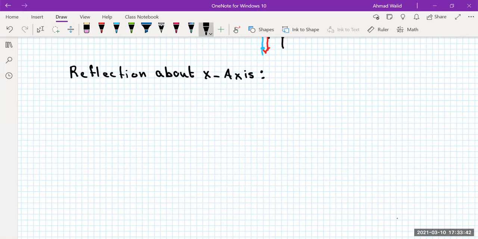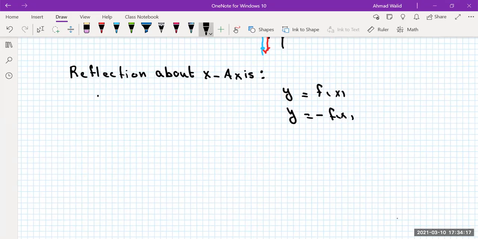When you get a reflection about x-axis, if you have a function in the form of y equal f of x, correct? The reflection about x-axis is y equal negative f of x. It gives you always a reflection about x-axis.